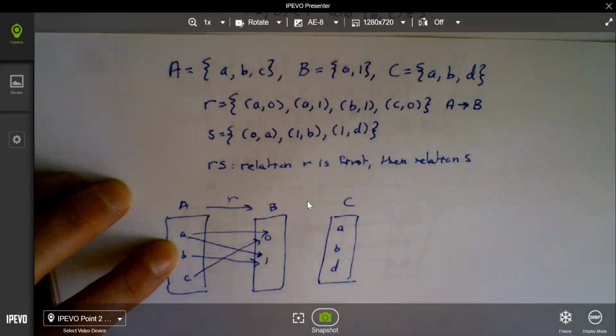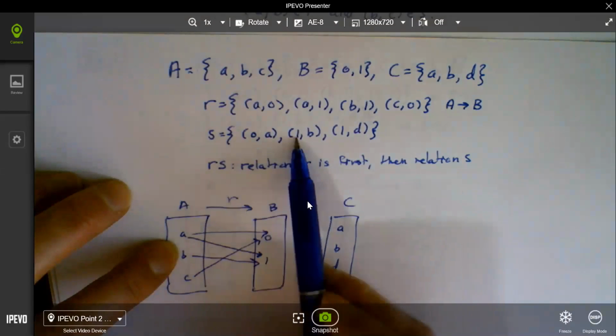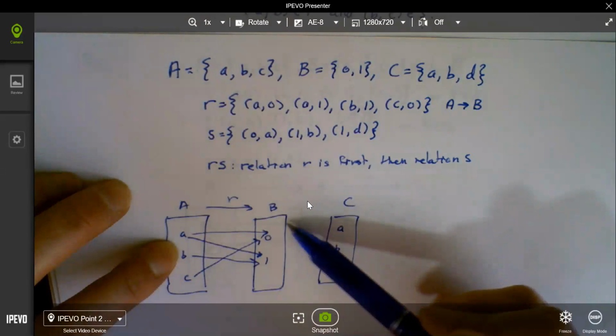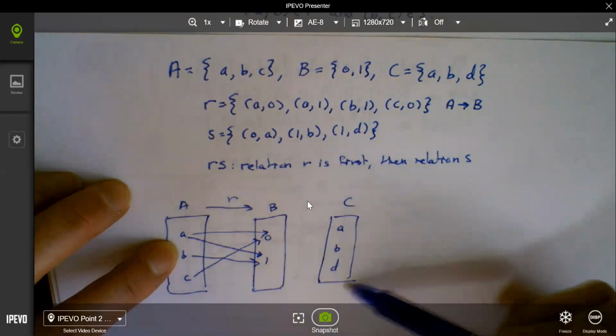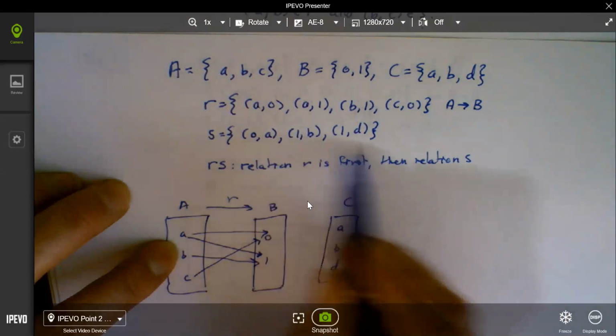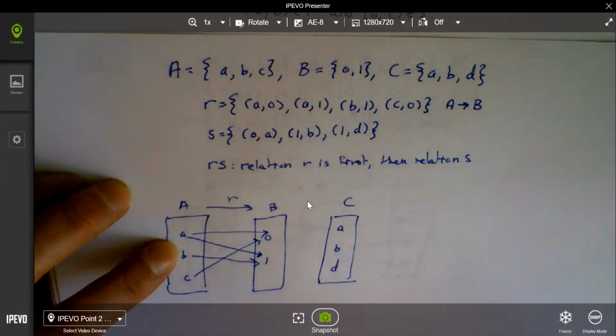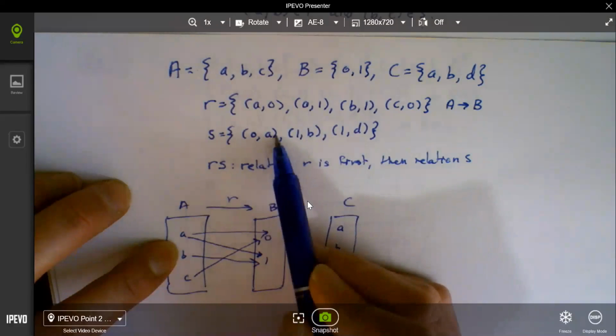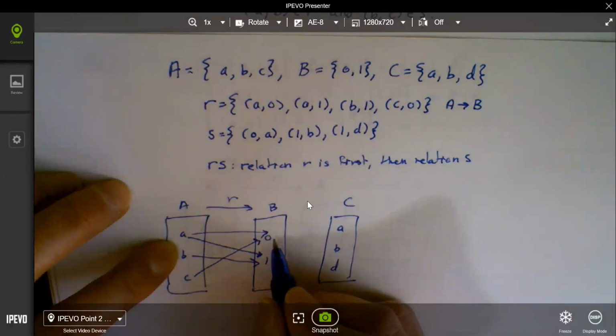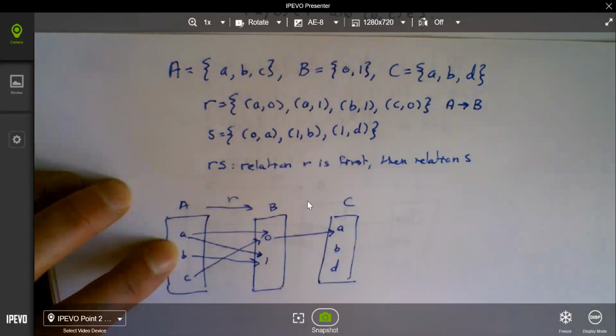Now we're going to look at relation S, which relates set B to set C. We just have 3 elements in S, so let's draw those arrows. The first element in S is (0, a), so I'm going to draw an arrow from 0 to a.